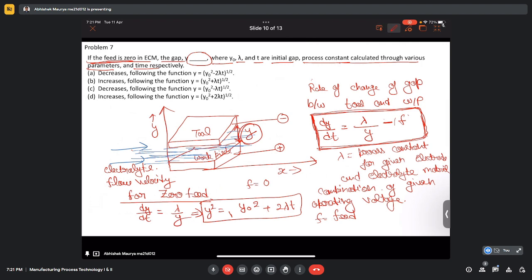So after integrating this equation, we get this, where y0 is the initial electrode gap, or this is the initial gap between the tool and the workpiece.